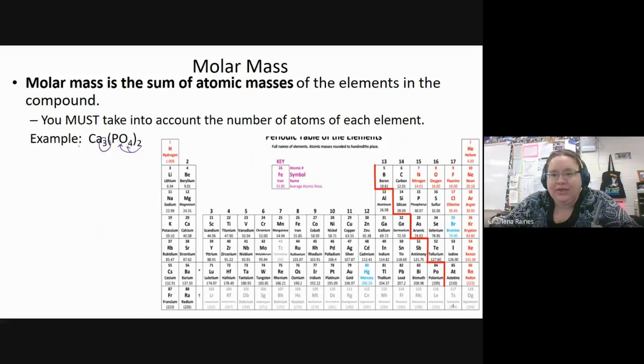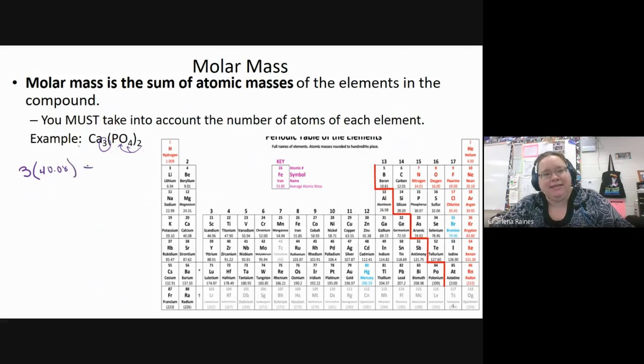Now, yes, I could add calcium 3 times, 40.08 plus 40.08 plus 40.08, but it gets a little repetitive. So instead of adding it 3 times, what I'm actually going to do is take my number of atoms times its atomic mass.